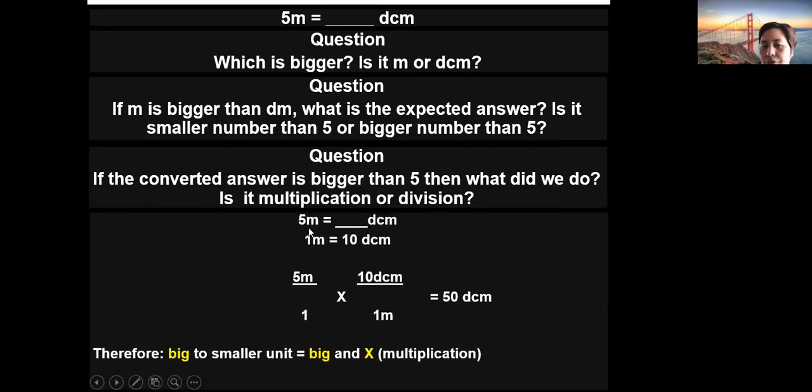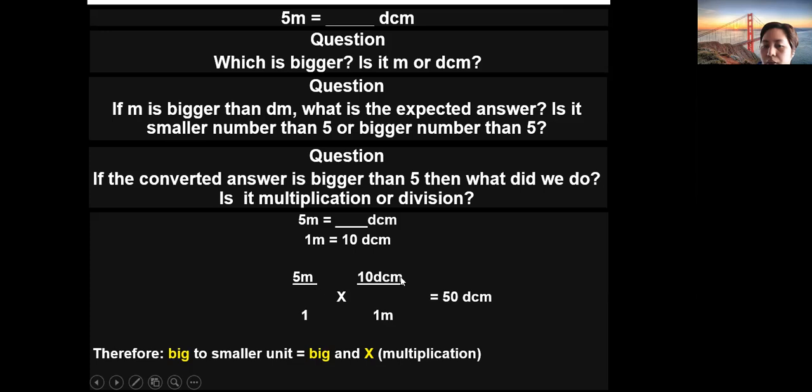For example, 5 meters is equal to how many decimeter? In every 1 meter, there are 10 decimeter. So 5 meters over 1 is understood as 5 meters times 10 decimeter over 1, since 1 meter is equal to 10 decimeter.